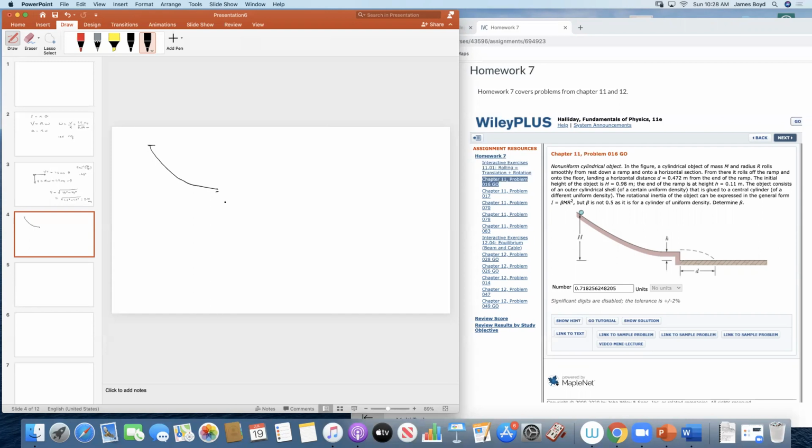Okay. And note here that this is the first thing. This height is h, but this height is big H. So we're talking about how it moves from A to B before it launches off the ramp. And we know that it's a rotating object.